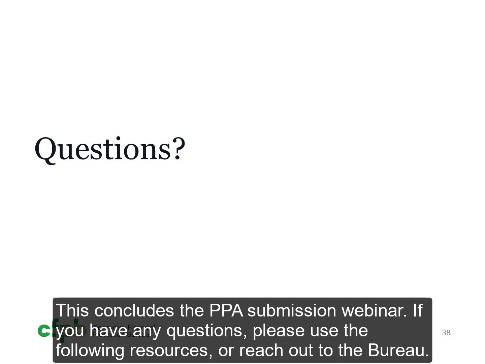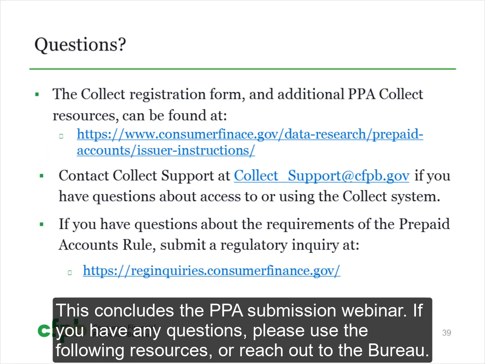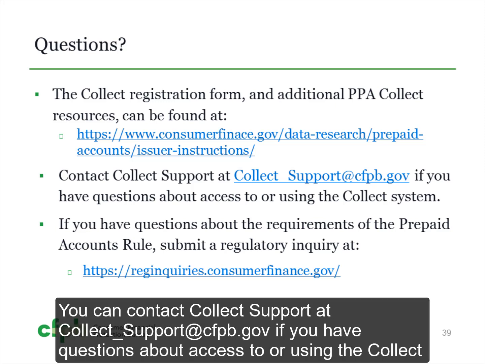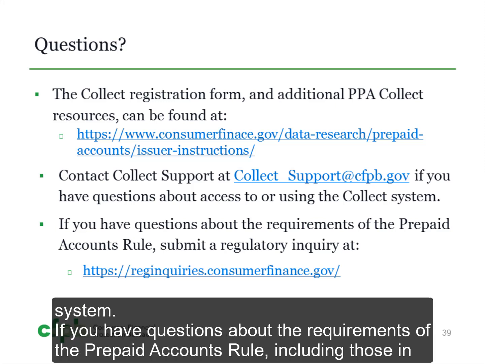If you have any questions, please use the following resources or reach out to the Bureau. The Collect registration form and additional PPA Collect resources can be found at the above URL. You can contact Collect Support at collect_support@cfpb.gov if you have questions about access to or using the Collect system.